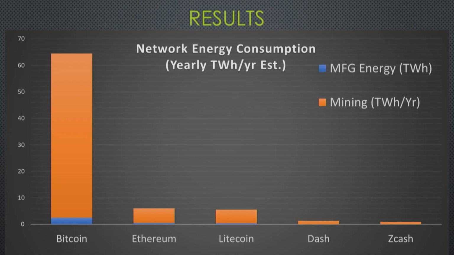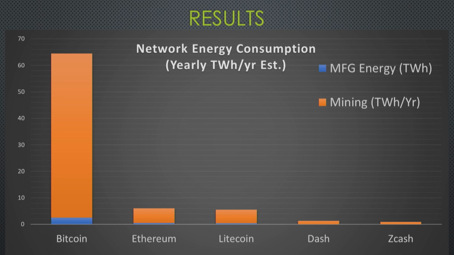And so these are the results graphed against the mining consumption per terawatt hour per year. This includes the manufacturing energy of all the ASICs on the network. And most likely, all of the ASICs currently running were not produced in this calendar year or this rolling 365 days.